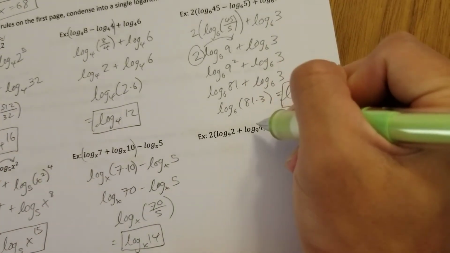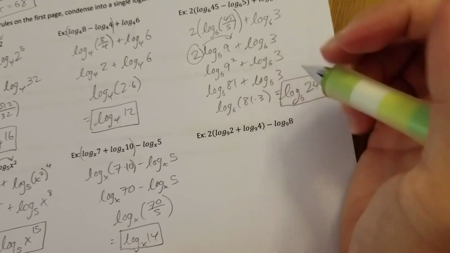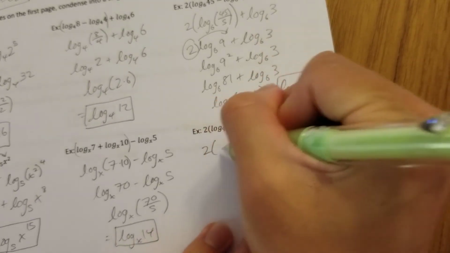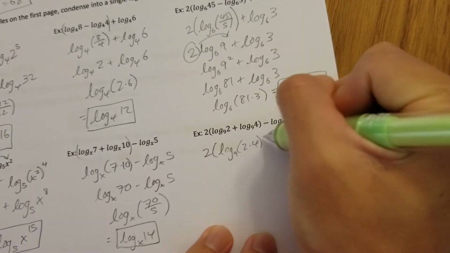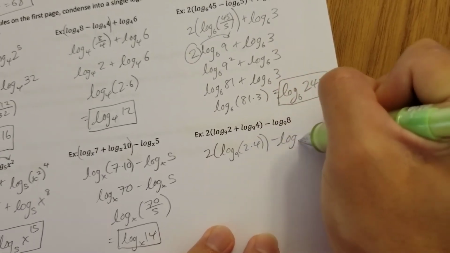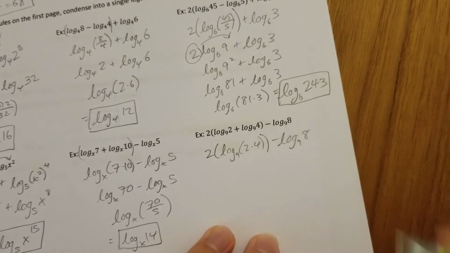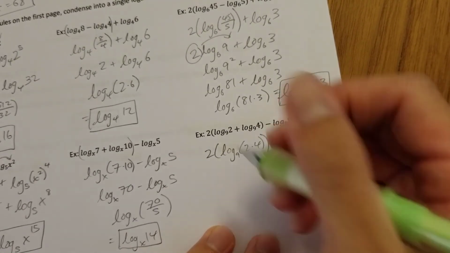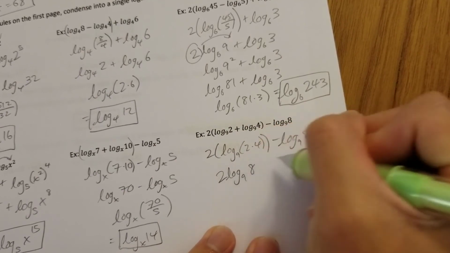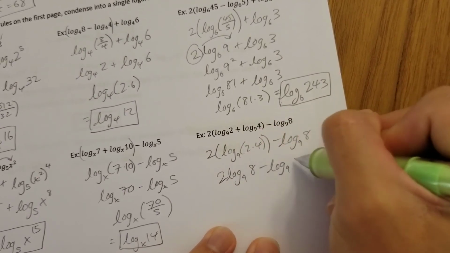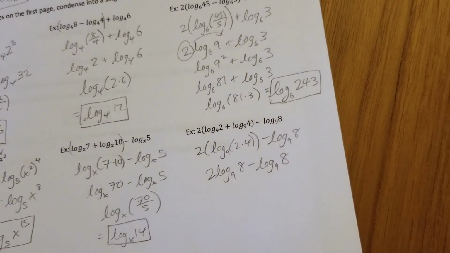Same thing, do the parentheses first. 2 times log base 9 of 2 times 4 minus log base 9 of 8. 2 times 4 is 8. This is 2 log base 9 of 8 minus log base 9 of 8.